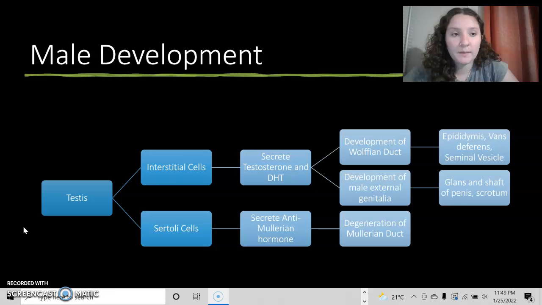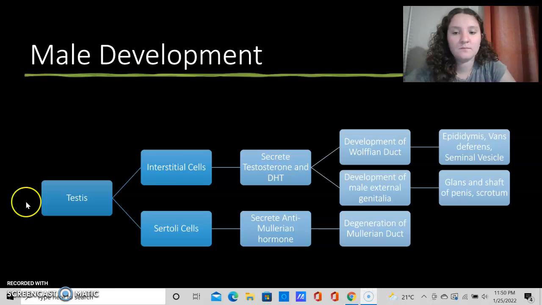These cells are important because they'll secrete hormones that will direct the rest of male development. As you can see here, interstitial cells will secrete testosterone and DHT, which is also known as dihydrotestosterone.